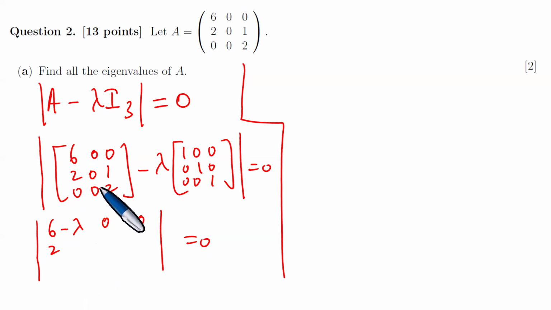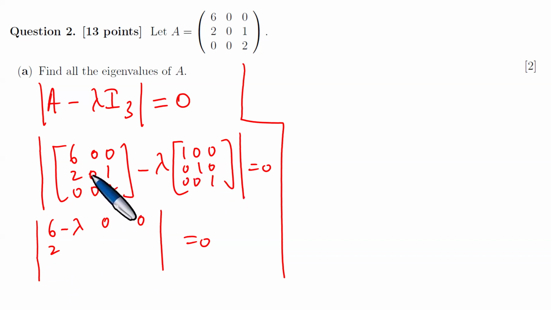Let us make sure that we have the correct ordering here. We have 6 minus lambda, and then for this one it's going to be 2 minus 0.